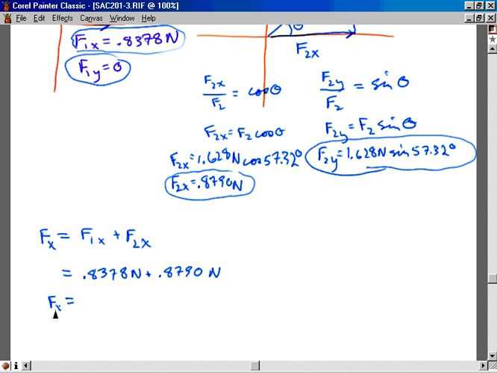So the x component of the force on particle number 3 is, I get 1.717 newtons.